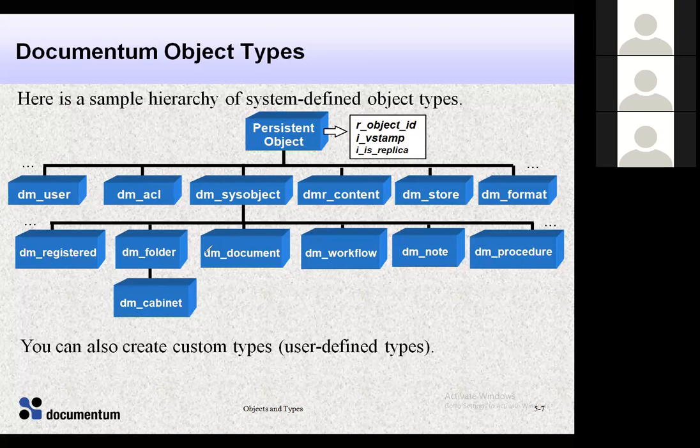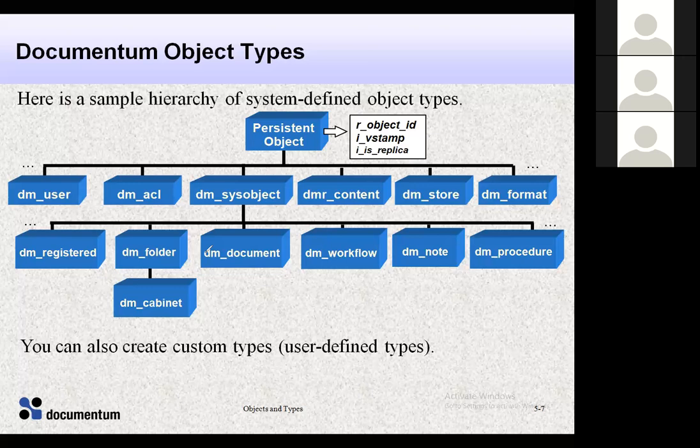In case we have to create users in the system, what we are doing is creating an object of dm_user. Sorry, what I'm trying to say is that these are the types, right?